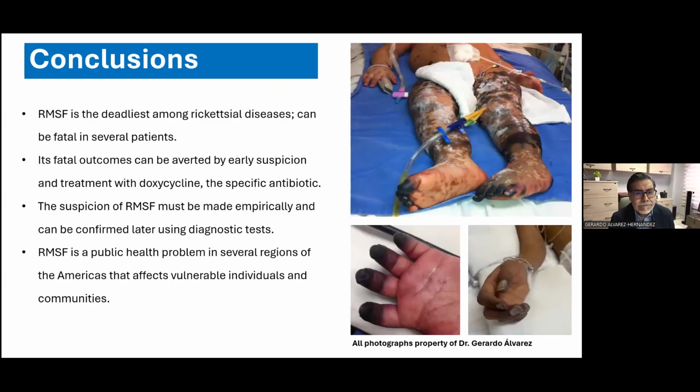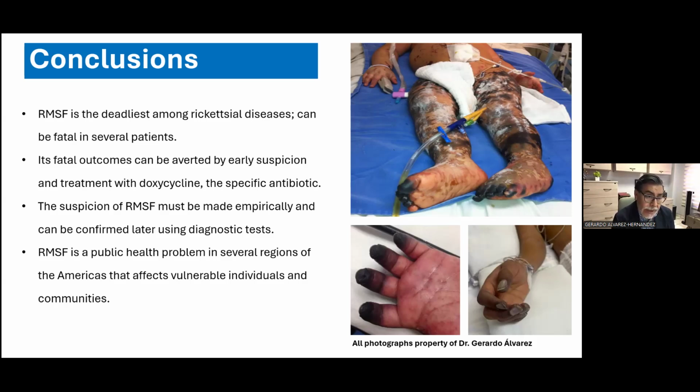And I want to conclude, highlighting that, number one, RMSF is the most severe among the rickettsial diseases, and can be fatal in a high proportion of patients when they are not treated correctly.